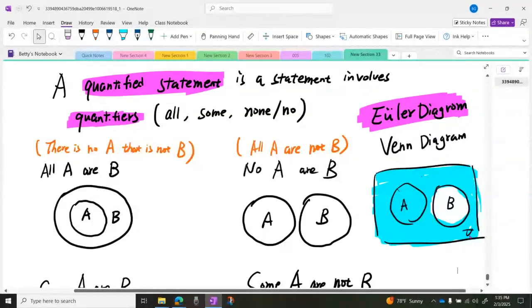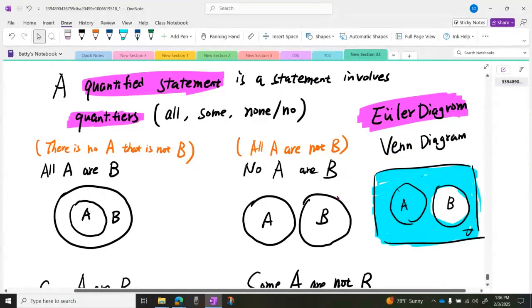All A are not B. The blue represents not B. Maybe this Venn diagram could help you understand those two sentences mean the same thing. Now, no A are B means all A are not B. That is just one equivalent way to describe the statement, no A are B.